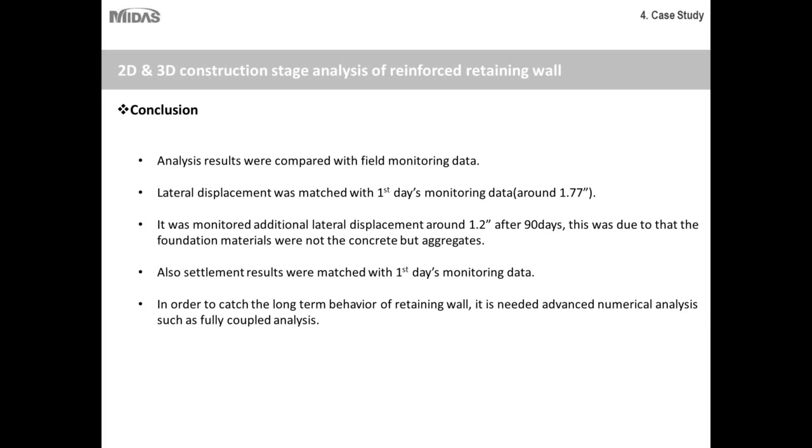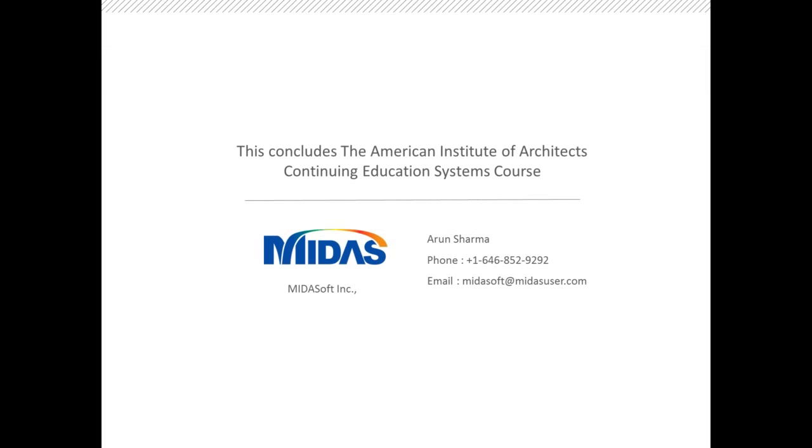And if you were in the previous session, then you would be able to appreciate that for these kinds of slope stability and retaining wall design, you have to consider the fully coupled analysis, which is consolidation as well as slope stability. So these checks were performed, and if you are just curious what software was used, they used MIDAS GTS for this project, and this project was turned in by one of our clients.